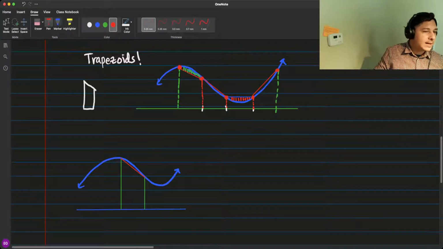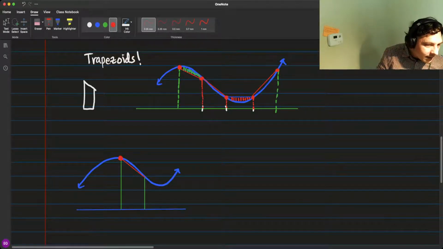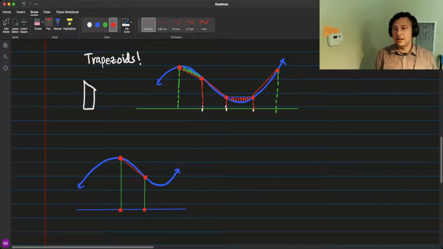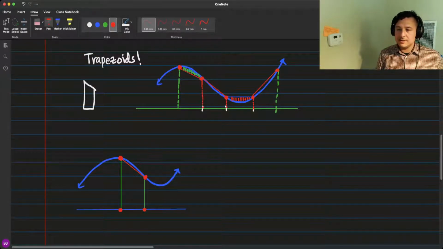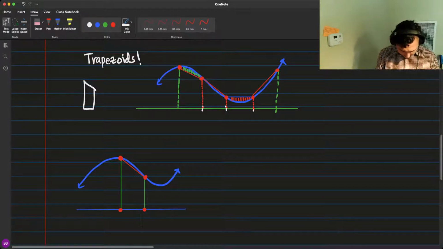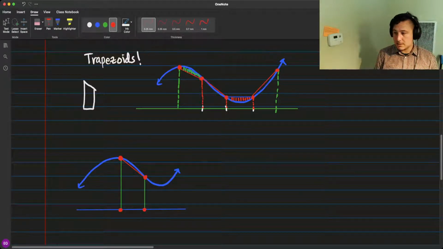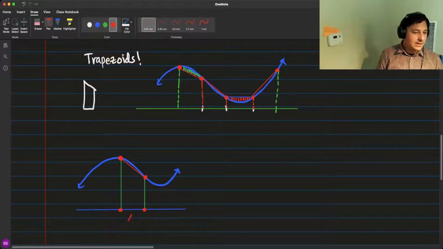Okay, so let's put some dots. We've got a dot right here, a dot right there, a dot right here, and a dot right here. So tell me, how wide is this trapezoid? What's the length of the base? Yeah, so this is delta x.